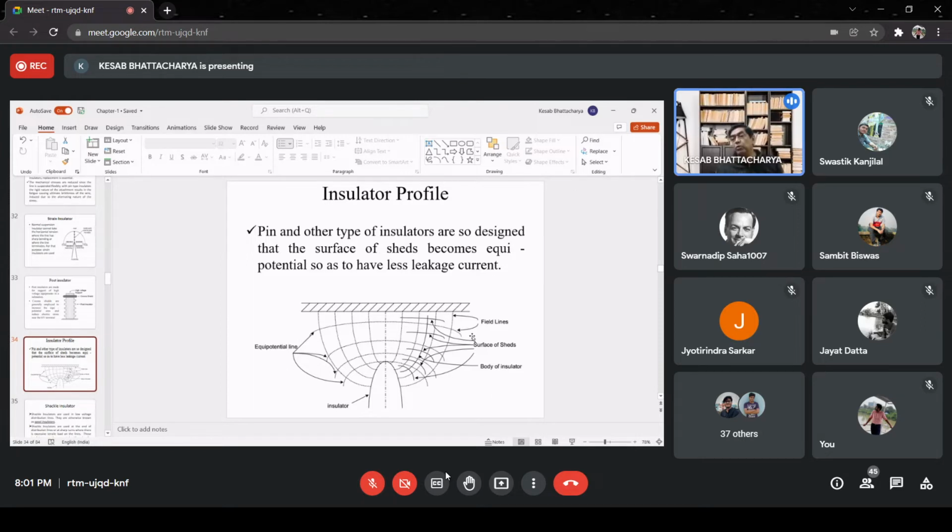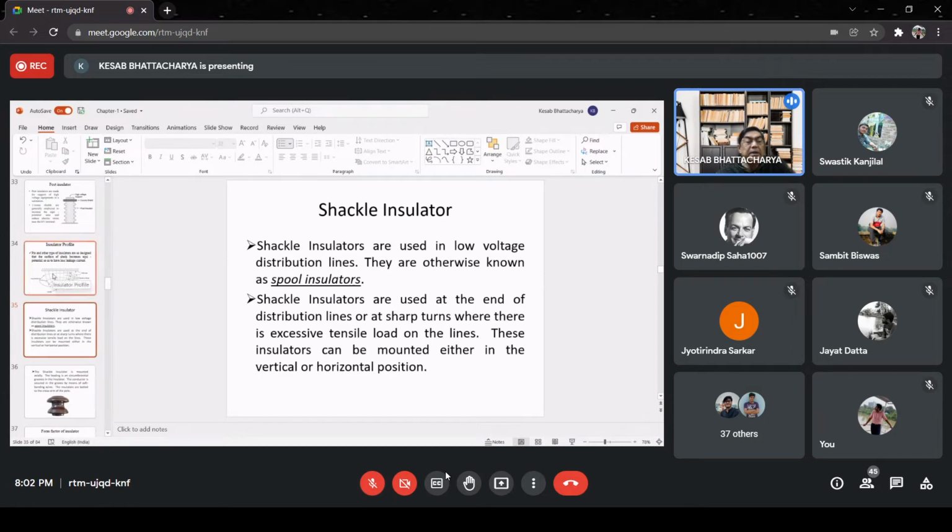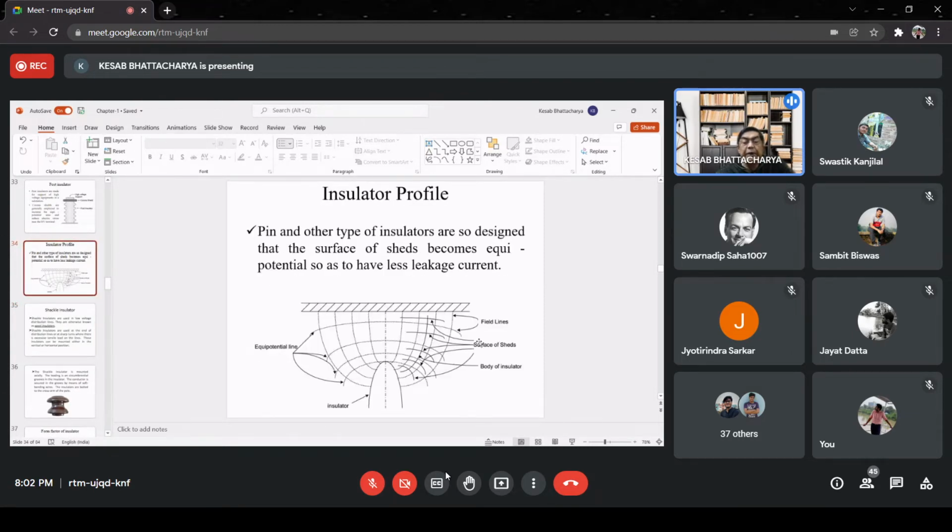Though we cannot make the leakage current completely zero, we can reduce its magnitude to a great extent. This is how the insulators are designed and developed. Is that okay? Do you understand this point?